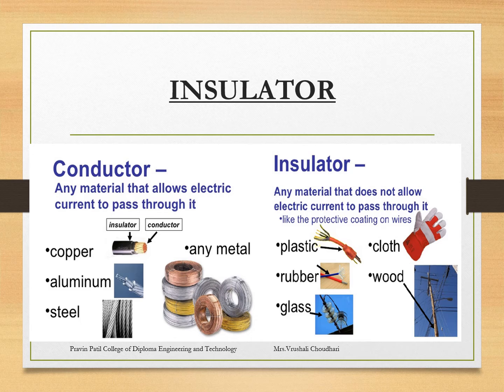For making any machine, just take the example of your mobile phone. It is not only made up of metal, it is also made up of insulator. Without insulator, any machine is incomplete. What is the insulator? A substance which does not allow electric current to pass through it is called an insulator.